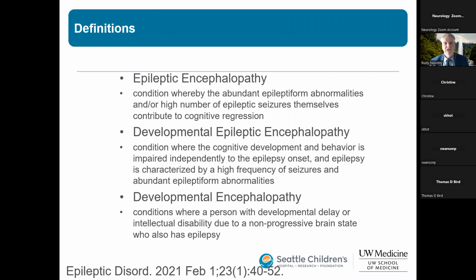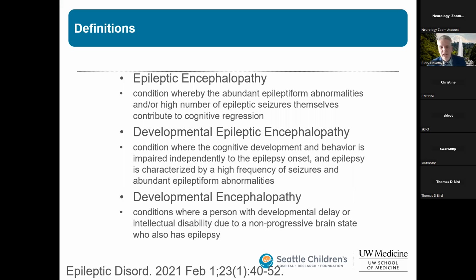But I wanted to focus on this group of disorders that we refer to as epileptic encephalopathies. And they actually are broken down into three main areas. An epileptic encephalopathy is a condition where the abundant epileptiform abnormalities or actual subclinical or even clinical epileptic seizures themselves contribute to cognitive regression and, in my world, developmental regression.